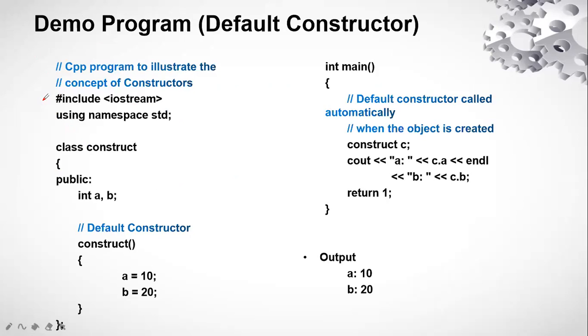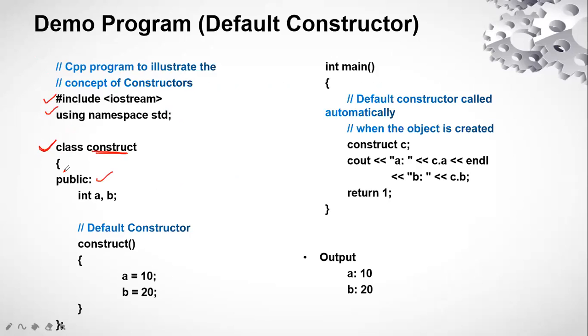This is the basic thing: we have include iostream and using namespace. Now, this is the defining of a class. Here I have defined a class; this is the syntax, class and the class name. The name of the class is construct.